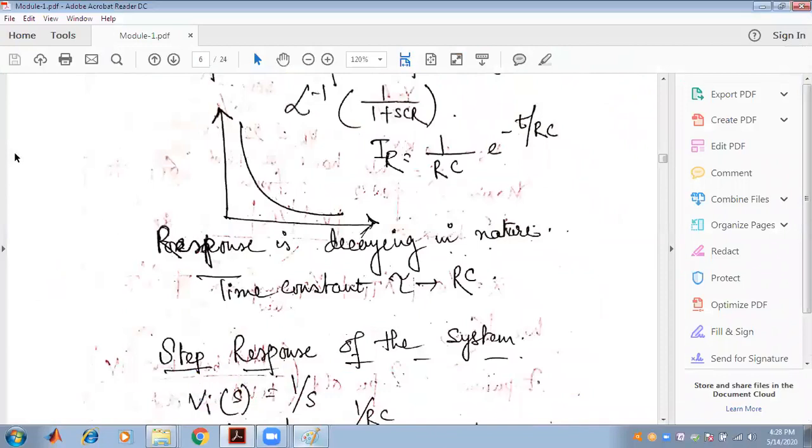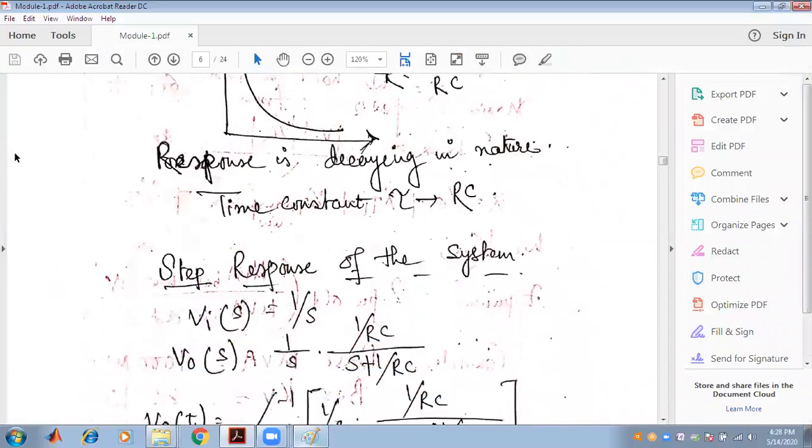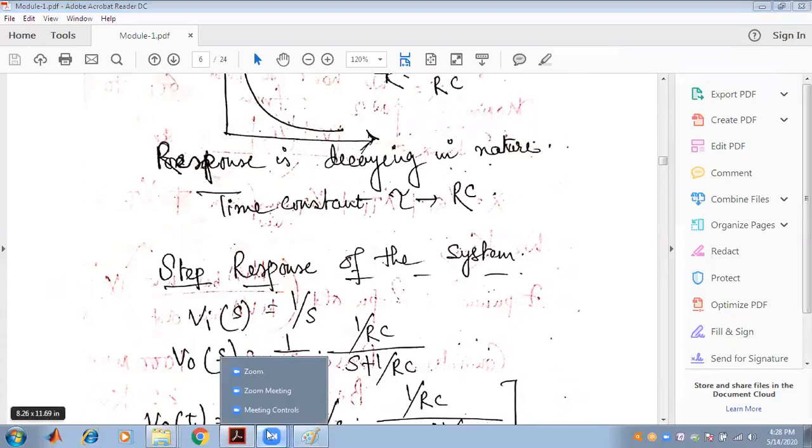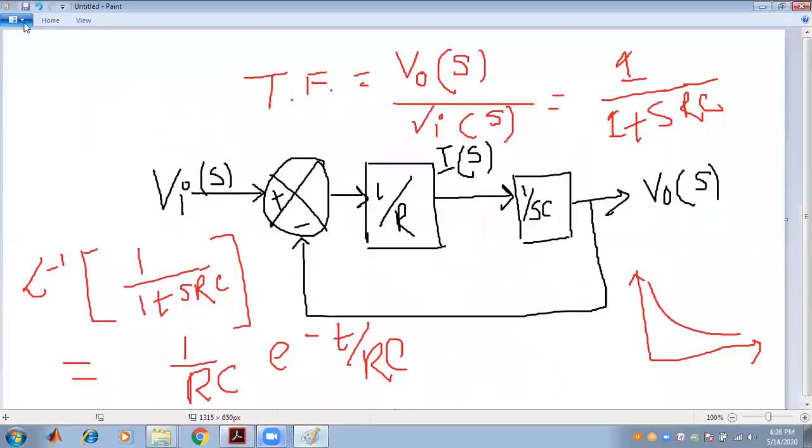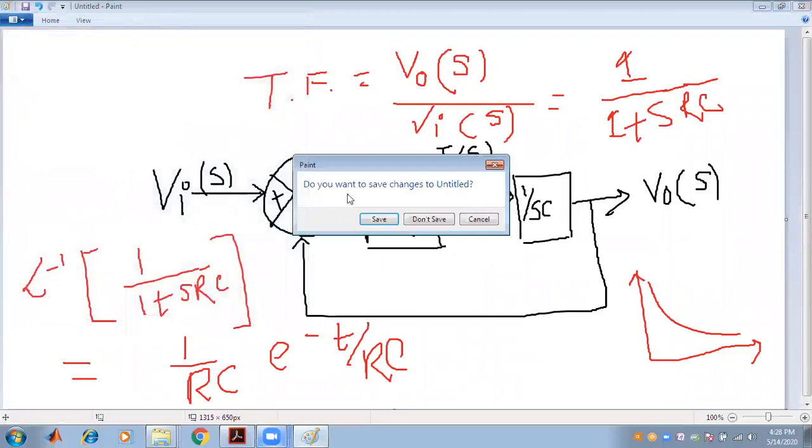Okay. So now we are concentrating on the step response of the system. If the step response means we are given a step input, that is we have given step input u(t) equal to 1 for t equal to 0 to infinity.